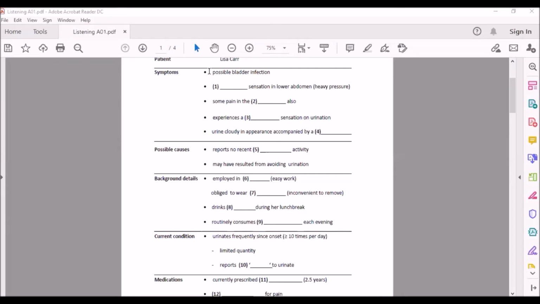Okay, so you're reading line by line by line by line. While you read, you think of words. Now we know lower abdomen, yeah, it's not just abdomen, it's lower abdomen. So we can think of a synonym again. Then some pain. Maybe the patient will not say, I have some pain. Maybe the patient might say, it hurts.